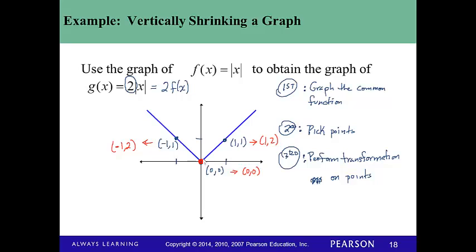So (0, 0) still here, (1, 2), and (-1, 2). Okay, that's the best I can do. Alright, so the graph in red is g of x, and the graph in blue is f of x.